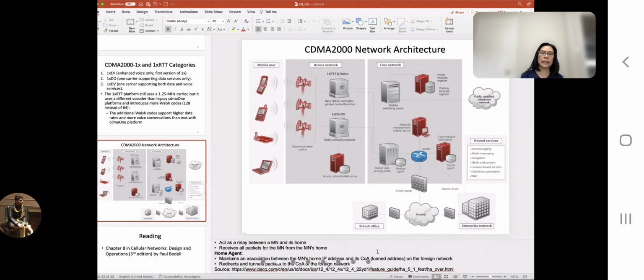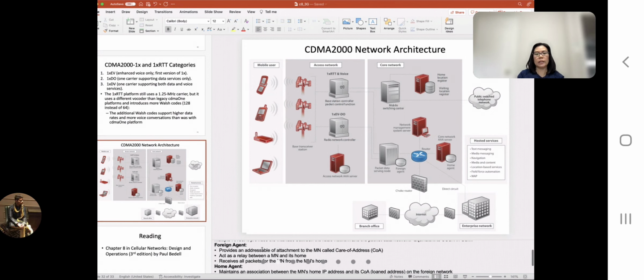They redirect incoming packages to the foreign network. To you, the residence at York is a foreign network, and your home in Calgary is the home network. So the home agent is the post office in Calgary, and the foreign agent is the residence manager at York University. That's the purpose of the foreign agent and the home agent.